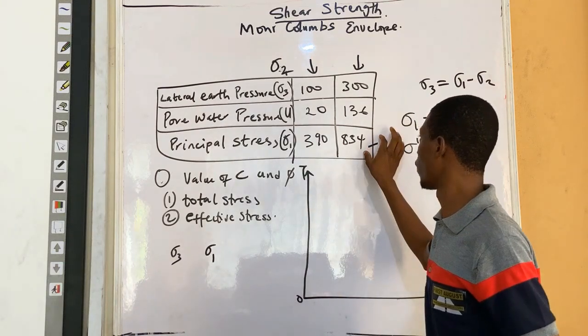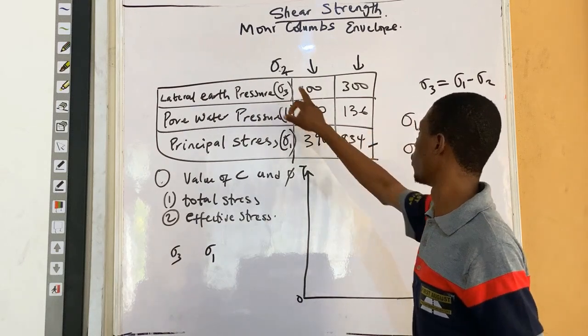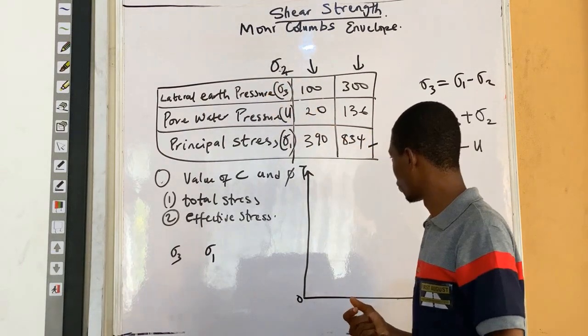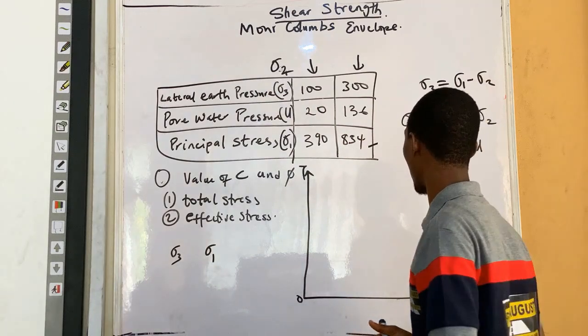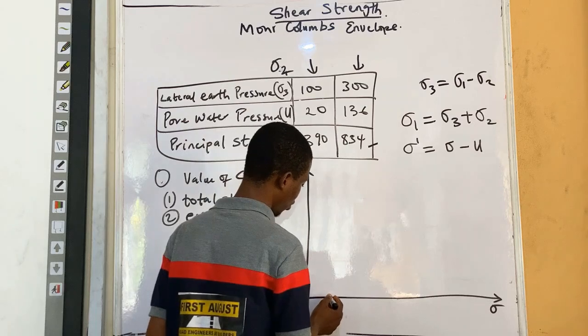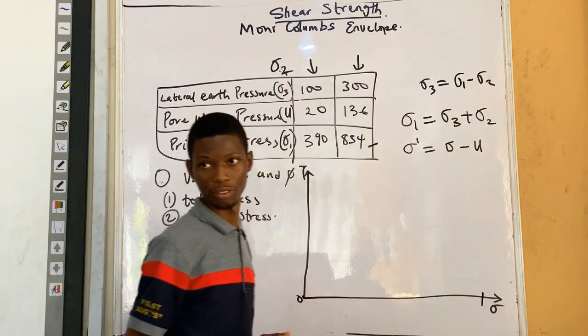So we have our maximum value as 834 and our minimum value as 100. Just pick between 0 and 900.